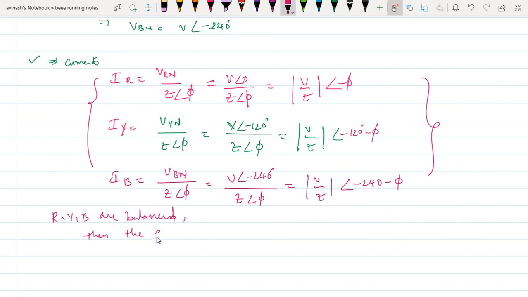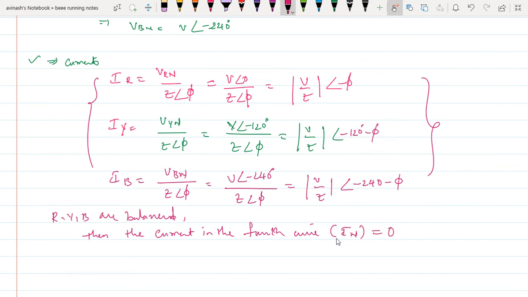What do you mean by fourth wire? That is neutral current. Current flowing through neutral will be zero.